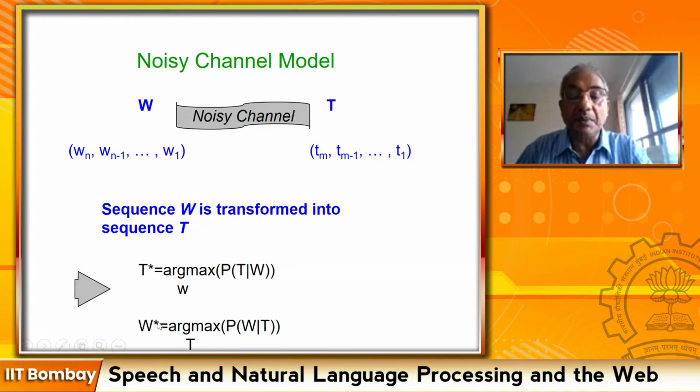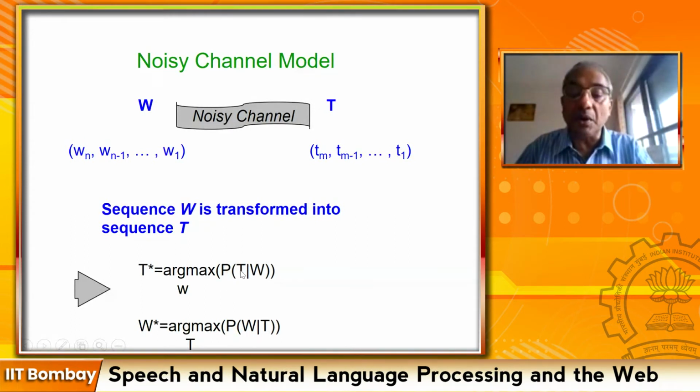Similarly, the opposite problem will be, given the tag sequence, get the best possible word sequence. So this is W star. It will be useful for you to remember this notation, the star notation and the argmax notation. Argmax is a function which first of all maximizes its argument, and gives that argument as the answer.